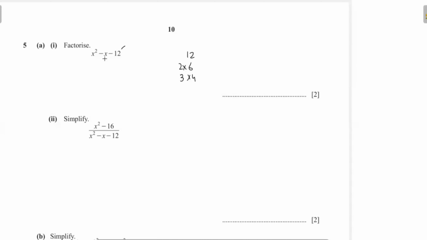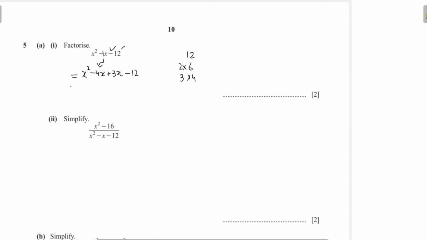We will take the factors whose difference gives the middle value, which should be minus 1x. You see here, we can write this minus 1x as minus 4x plus 3x, and the other values we write as they are, x square and minus 12.